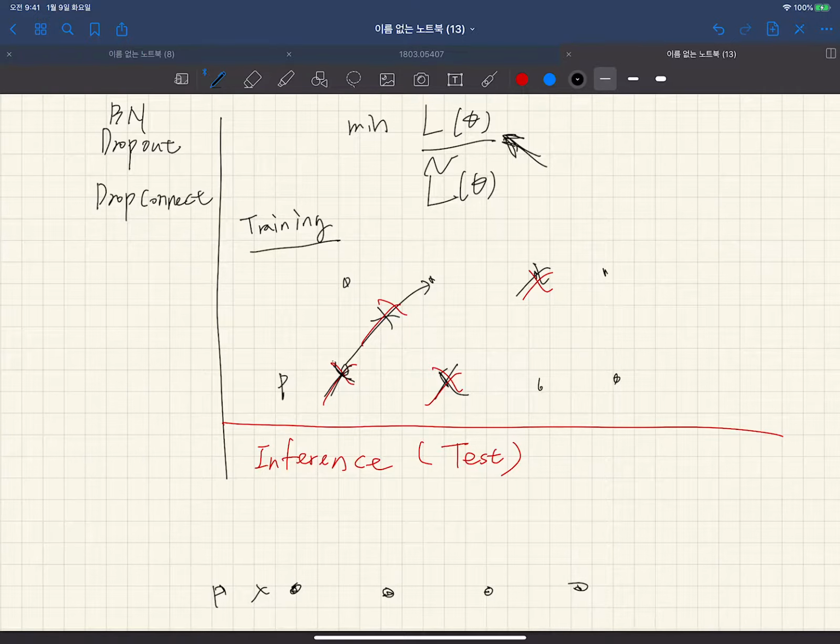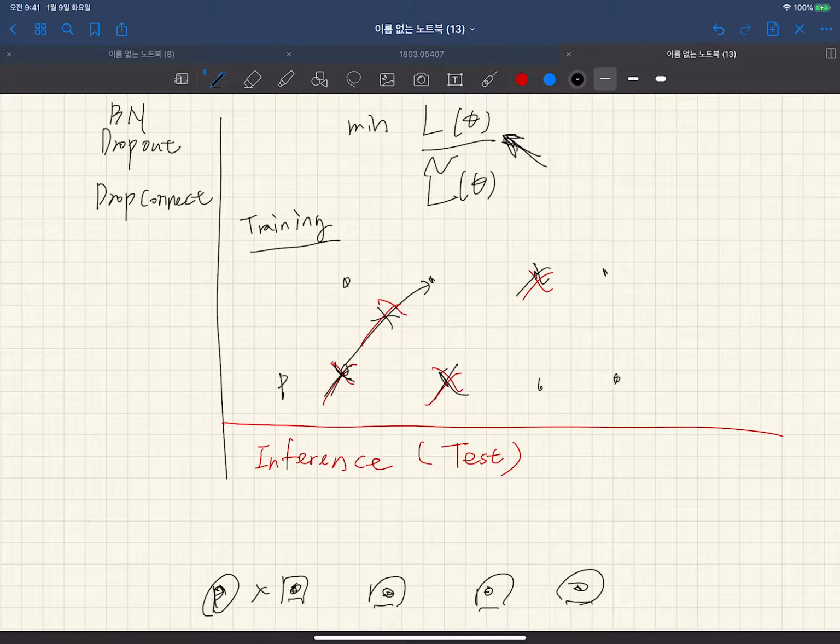When you generate an infinite number of randomly perturbed neural networks, on average only a p portion of your neuron values will survive. So when you take the average, the neuron value becomes the keeping probability p multiplied with the actual neuron values.